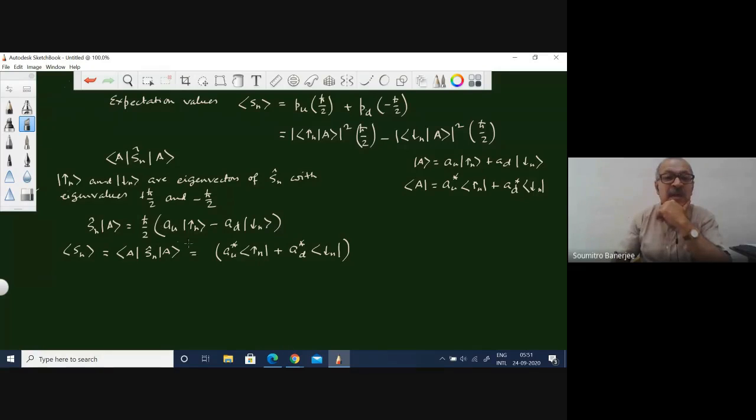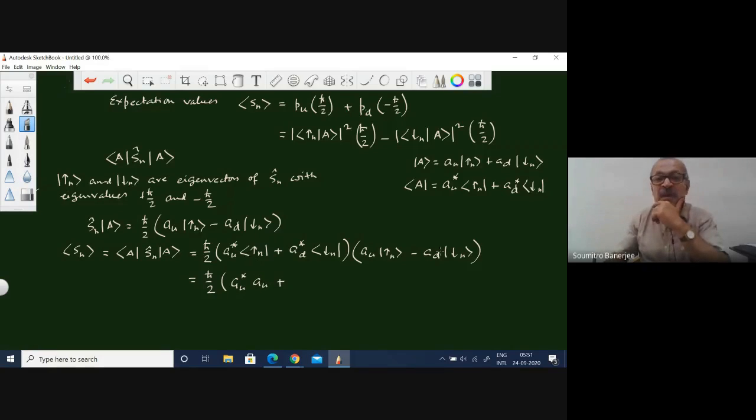So I'll keep the h cross by 2 up front, and then it is A up up n minus A down down n, and this immediately gives h cross by 2 times this. Up and up gives 1, so this gives A up star A up.